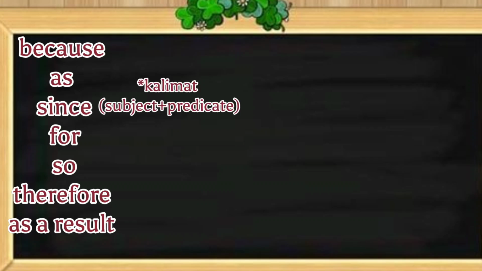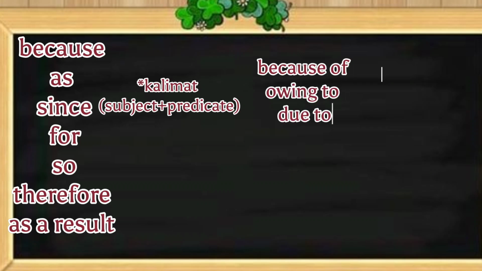Then the second group is because of, due to, and owing to. Why do we divide them into two groups? Later, I will tell you the answer, okay? Look at the first group: because, since, as, for, therefore, so, as a result.